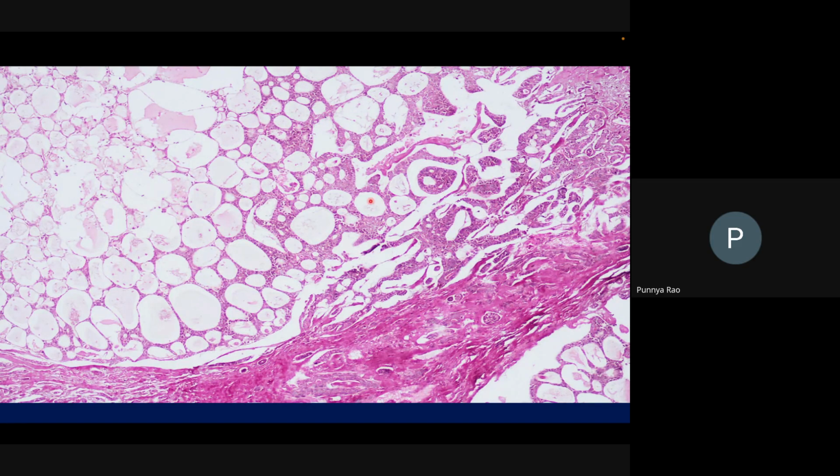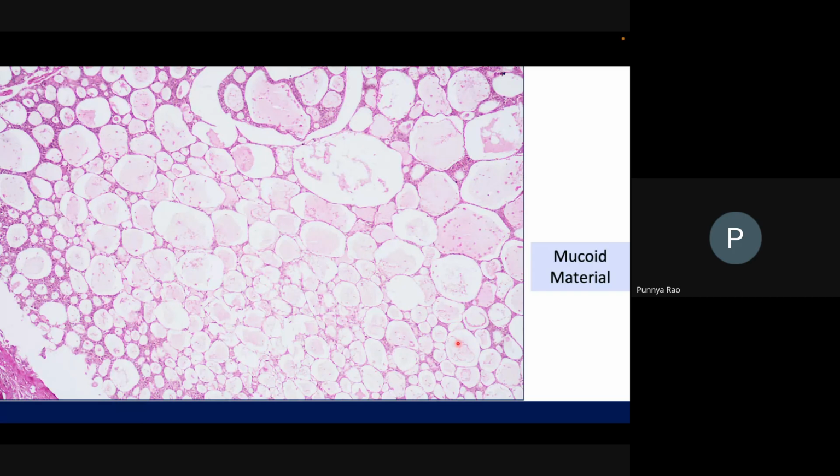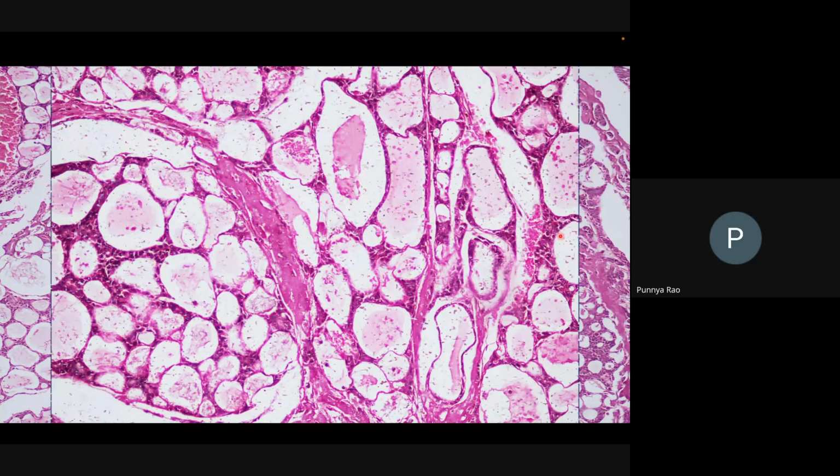Again, you can see the variation, the pink or eosinophilic material that can be seen within the cystic spaces. And then you have these cells which are arranged in sheets and interlacing trabeculae. Here you have mucoid material which is filled. I wanted to show another area. So this is your typical cystic area.